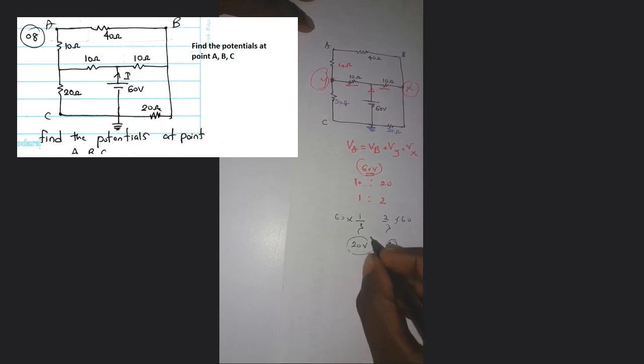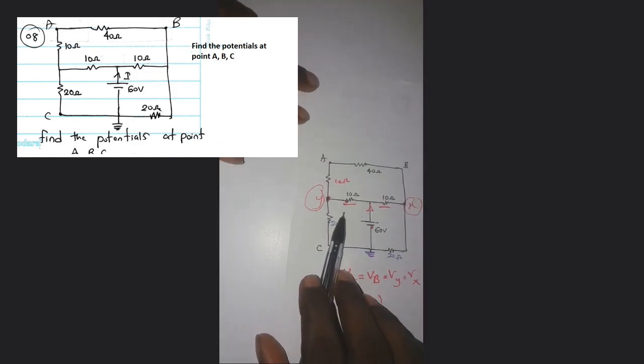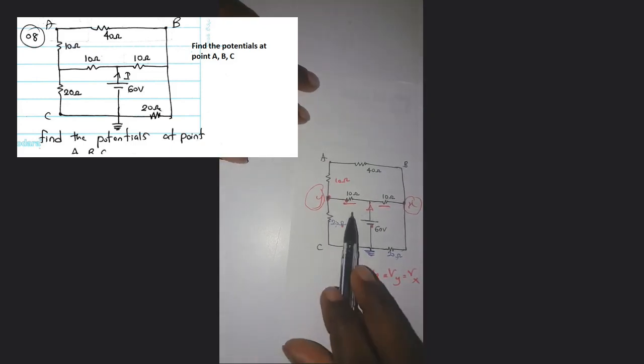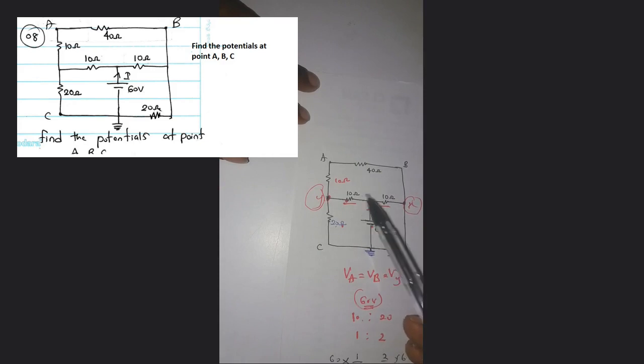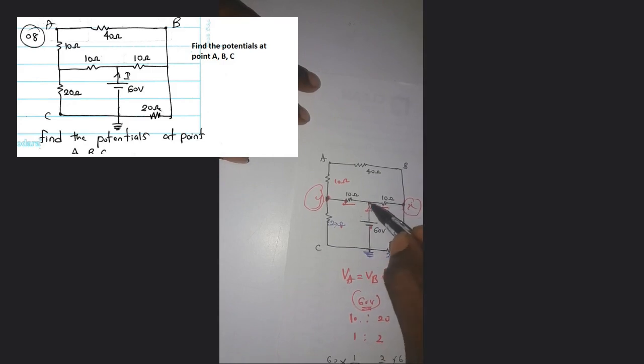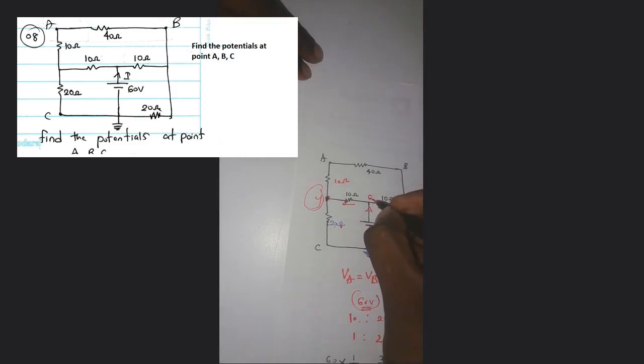40 volt. That means this 10 ohms is keeping 20 volt, and this is holding 40 volts. So the potential here is 0, so the potential here must be 60 volt, right?